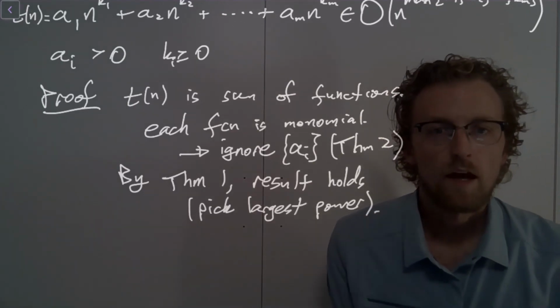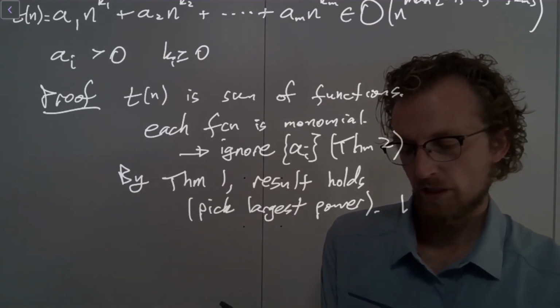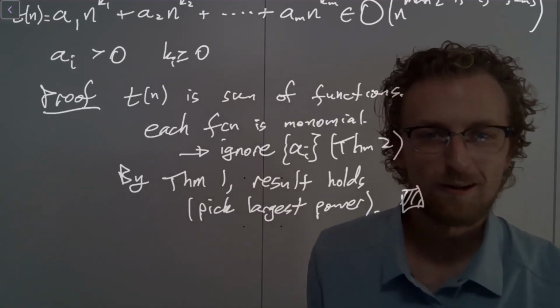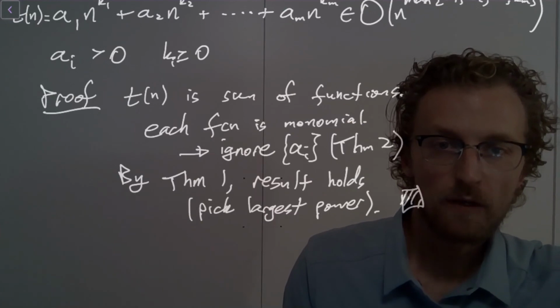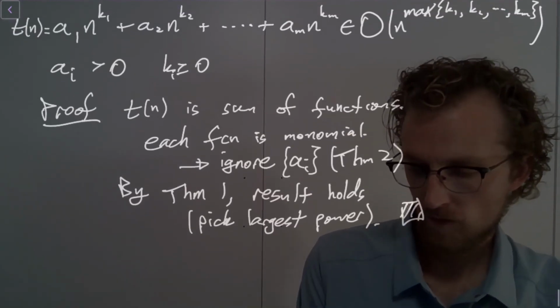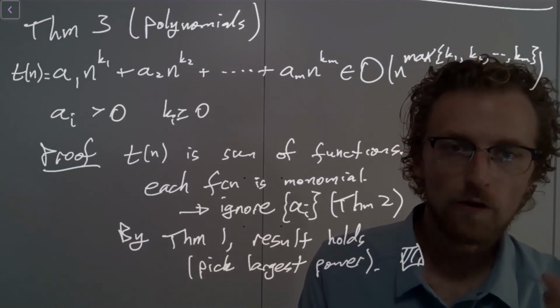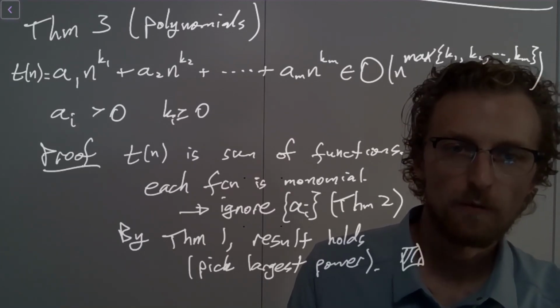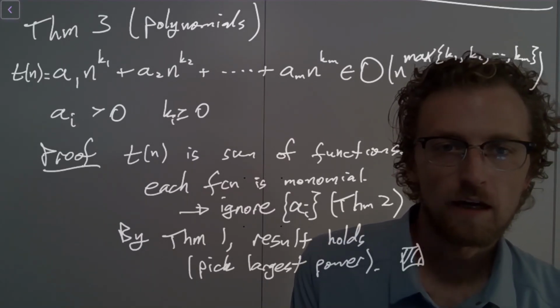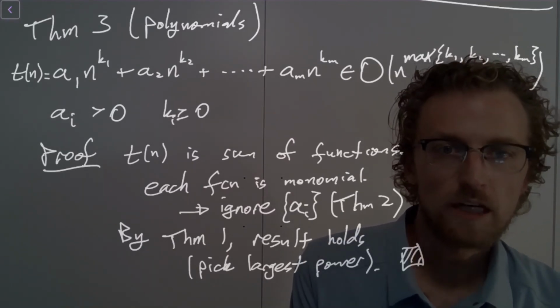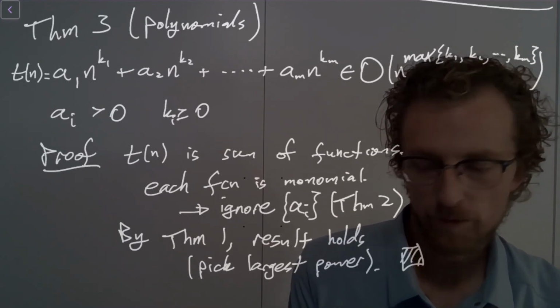Okay. And there we are. We're done. Once again, I'll draw the little QED box this time. Once again, we've proved the theorem. We've proved that we can drop all the coefficients, it just comes from a previous theorem, and we can just take the maximum power in the polynomial. All right?